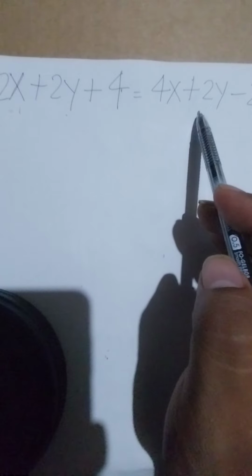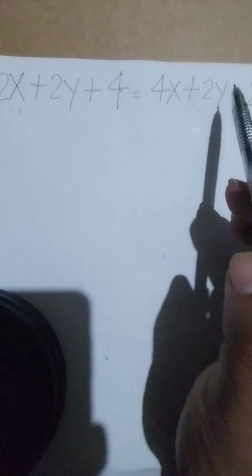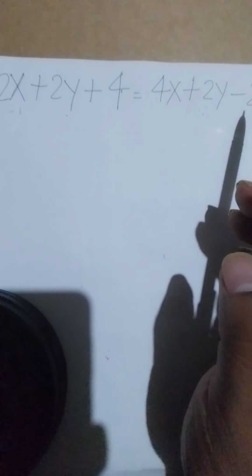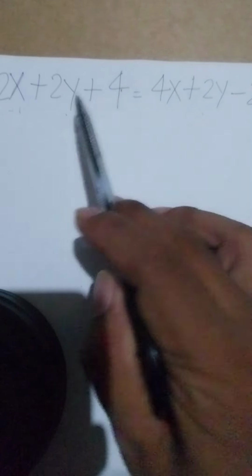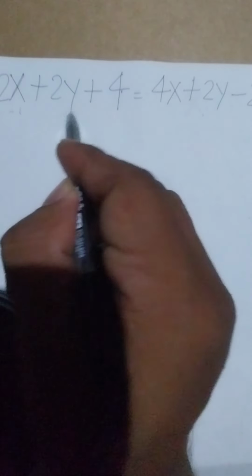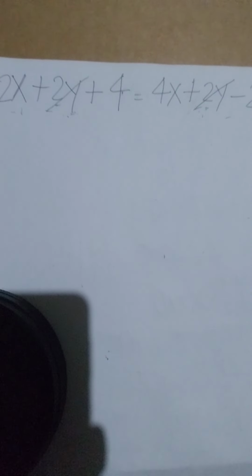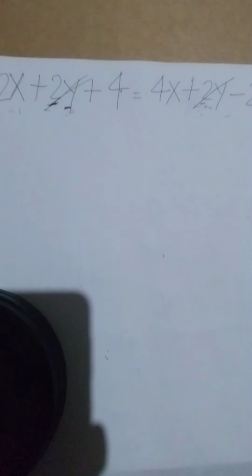Meron kasi tayo theorem sa mathematics o sa algebra, kapag same ang variable, like terms sila, pareho sila y, and then at the same time, pareho din ang variable, it should be cancelled out. That's part of the theorem or the theory of algebra. Okay, since dito, pareho ang variable, pareho din ang coefficient 2y, so ika-cancel out nila.